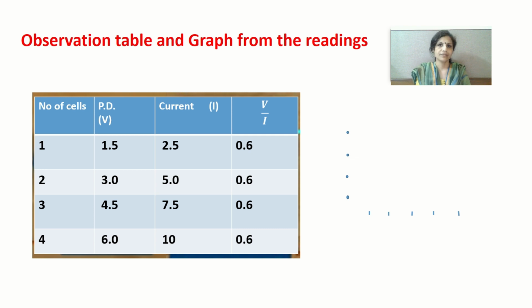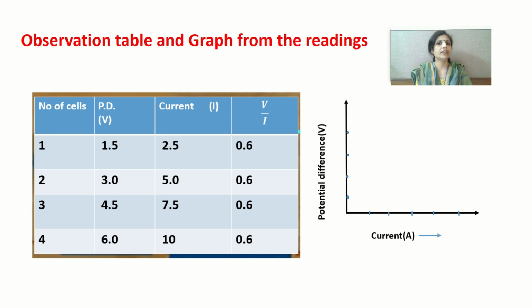So V upon I for every reading is constant, and this constant is called the resistance of the wire of the circuit. Now these readings we will try plotting on a graph. For that we will consider the x-axis and y-axis. Along the x-axis we will take electric current, and along the y-axis we will write our readings of potential difference.